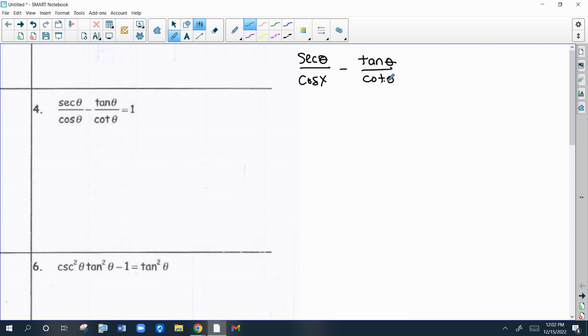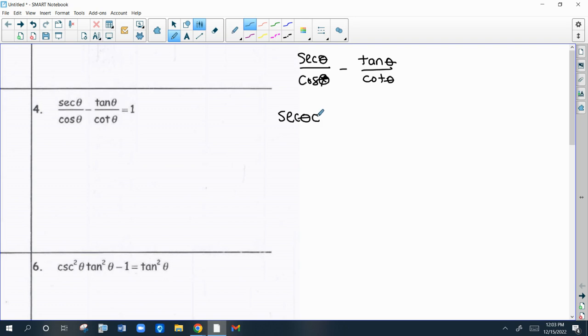So one way I like to do that is I like to bring everything up. Now, this isn't completely necessary here. There may be some steps that are not needed or too much, but I'm going to try to be consistent. So if I have this secant over cosine, first thing I'm going to do is bring the cosine up. And that would get it out of a cosine.